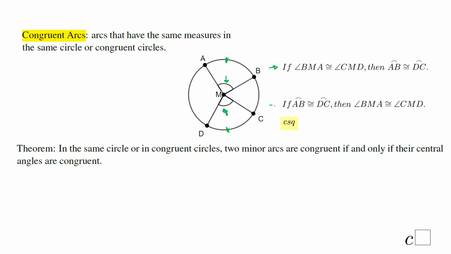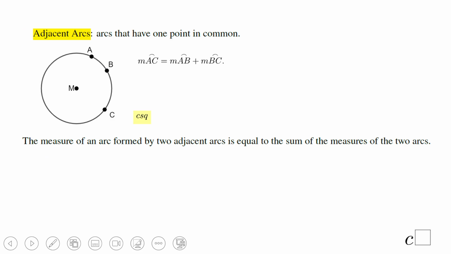And this is the converse: if the arcs are congruent, the angles are congruent. And you see the theorem also here. Adjacent arcs, like in this case we have two adjacent arcs, arc AB and arc BC. If we add these two arcs, we get arc AC.